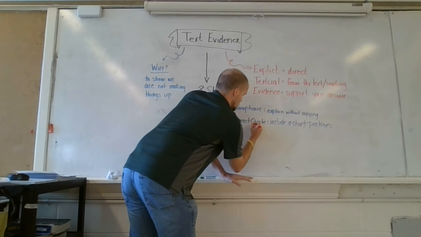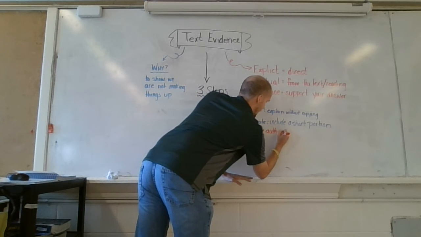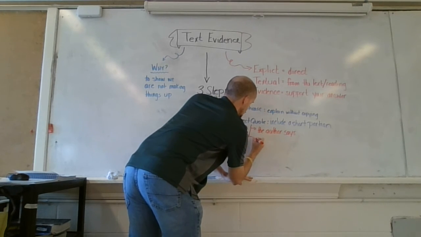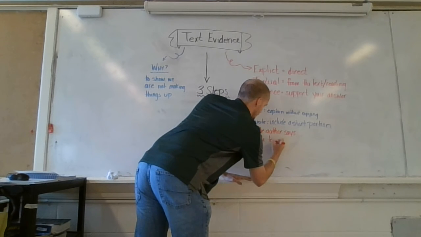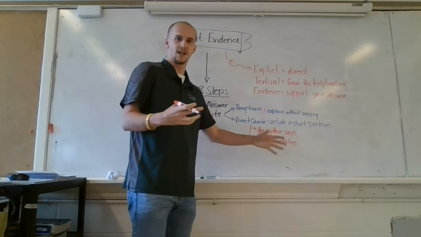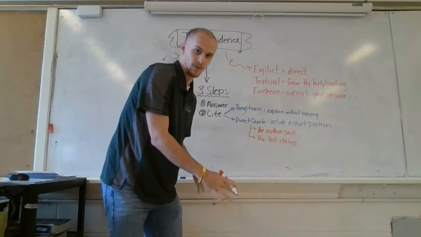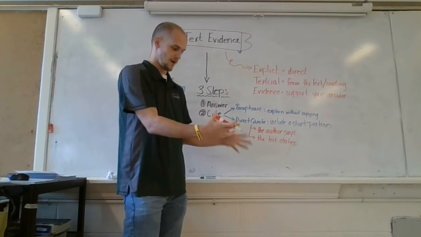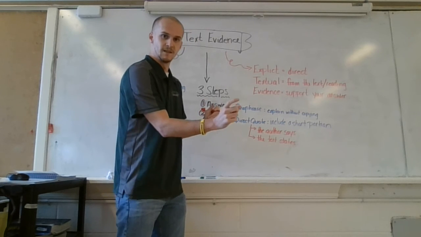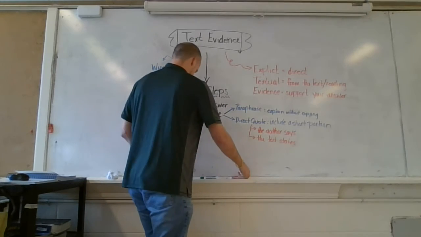So you have things like, the author says, or the text states, and then after that, you give a short little snippet. That does not mean you say the author says and then write the entire paragraph. If you want to use the entire paragraph to prove your point, it's easier to paraphrase. But if there's just a little short portion of that text that proves that you're right, and it's maybe 1 sentence, you'll use the direct quote.